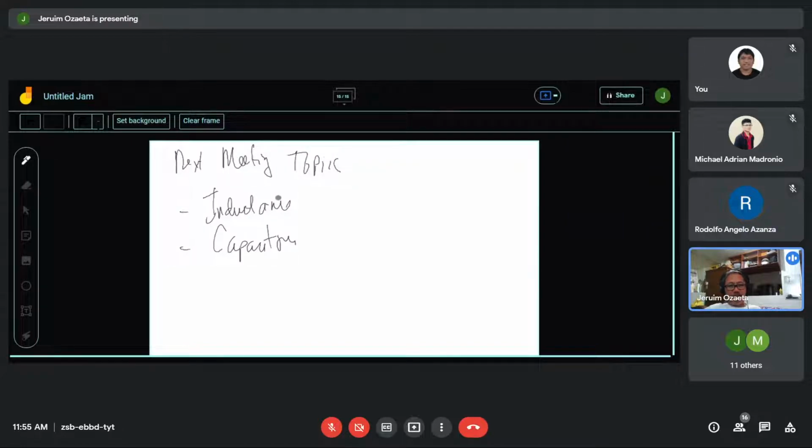We first have to understand the characteristic of an inductance. What is an inductance? How capacitor works? What's the purpose of the capacitor? In which part of the circuit they can be found? What are the effects of their presence in the circuit? How they behave? How current is being influenced by the presence of the capacitance or inductance in the circuit. So these are the two topics we'll try to discuss next meeting.